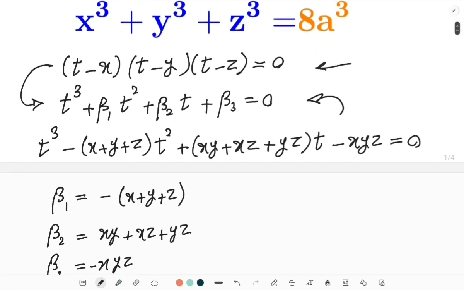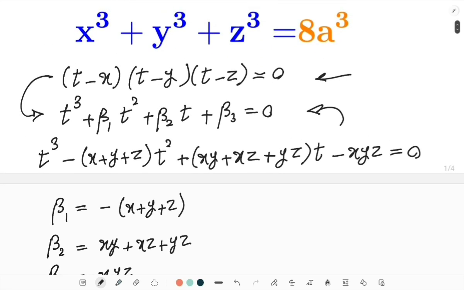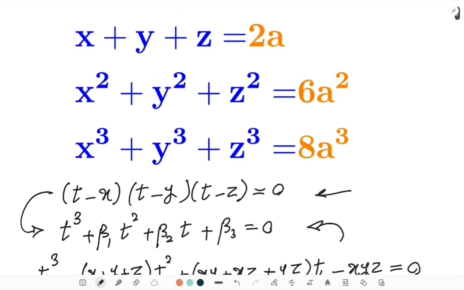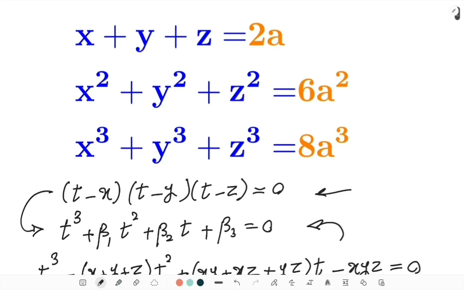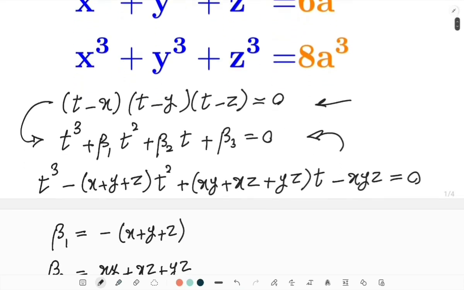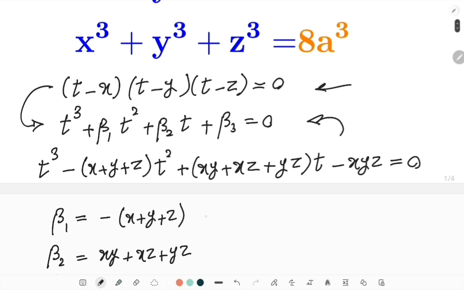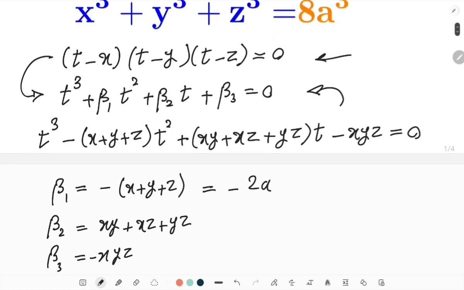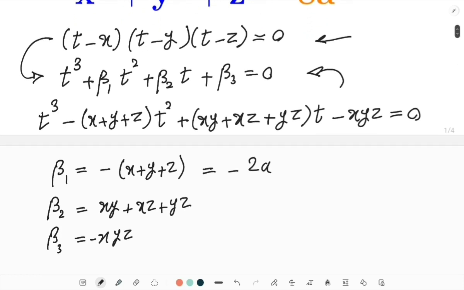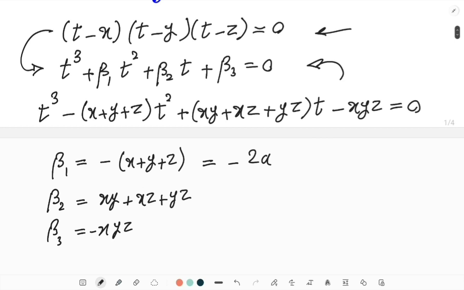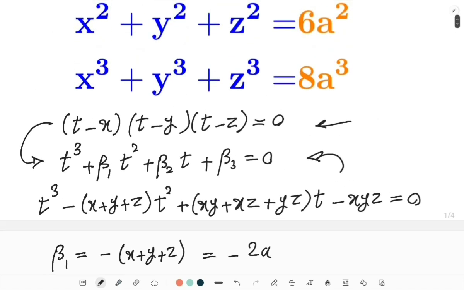So I have these relationships, but I already know that the system of equations tells me x plus y plus z equals 2a, right? So then I can say beta 1 is nothing but minus 2a. Beta 2 I still don't know what it is, but I think I can find a way to calculate that. Because if I look at the second equation in the system, let's rewrite it again.